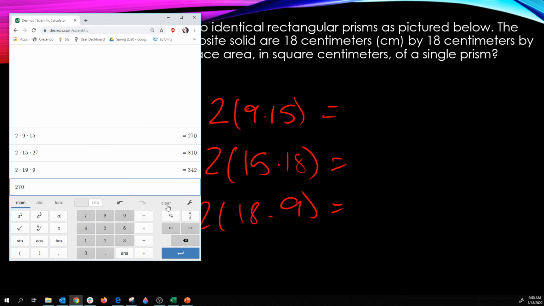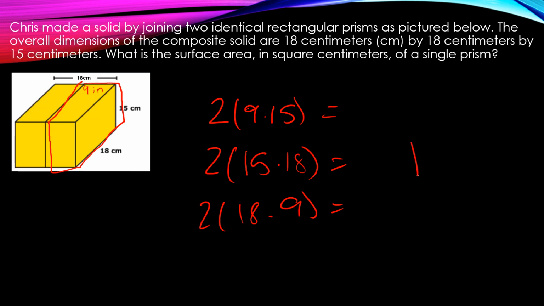So I'd have 270 plus 810 plus 342, which would give me 1,422.